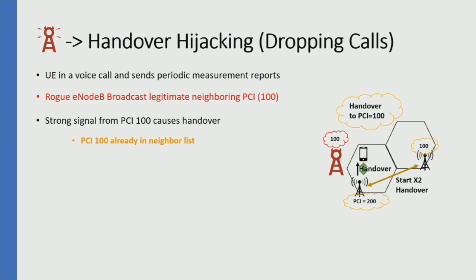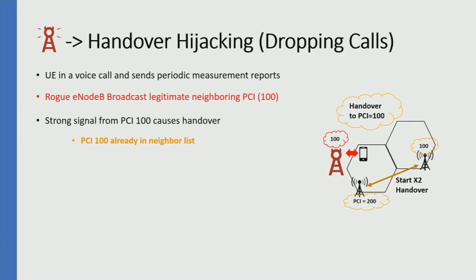So it creates the handover, then sends a handover message to the phone telling it: look, this is the PCI, the PCI is 100, and this is the frequency, so go to this new base station now. But the phone, instead of going to that base station, ends up landing in the rogue base station, because it doesn't know where it's going.